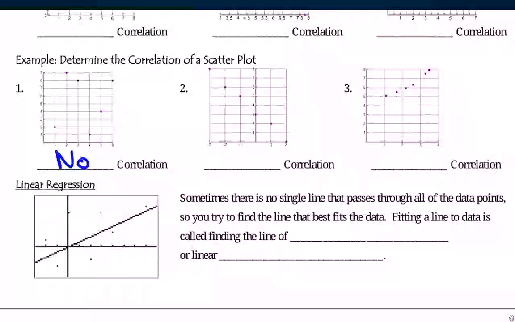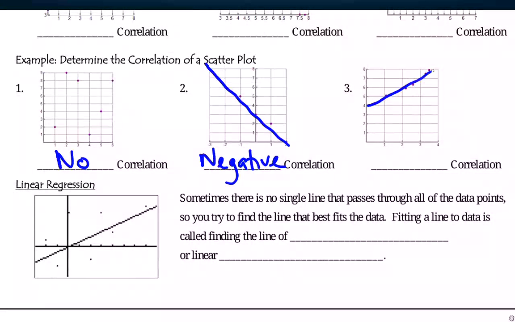As opposed to this one, which looks really close to a straight line, and it's going down like a negative slope, so we would say negative correlation. This last one, in general, is going up, so we would say it has a positive correlation.